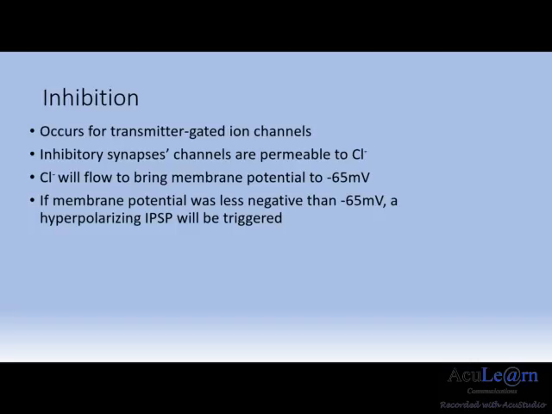The flow of the chloride ions act to bring the membrane potential closer to -65 mV, which is the equilibrium potential of chlorine. If the membrane potential was less negative than -65 mV, the hyperpolarization would be triggered.